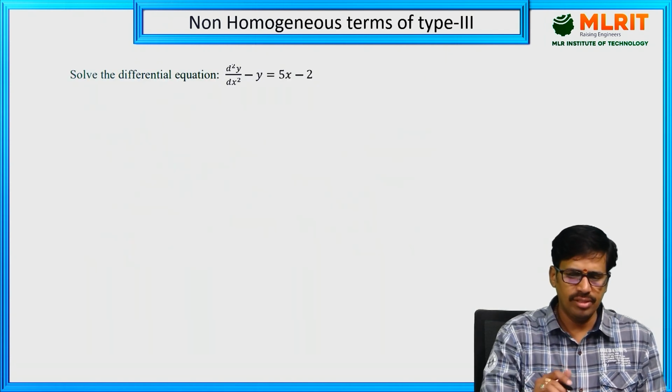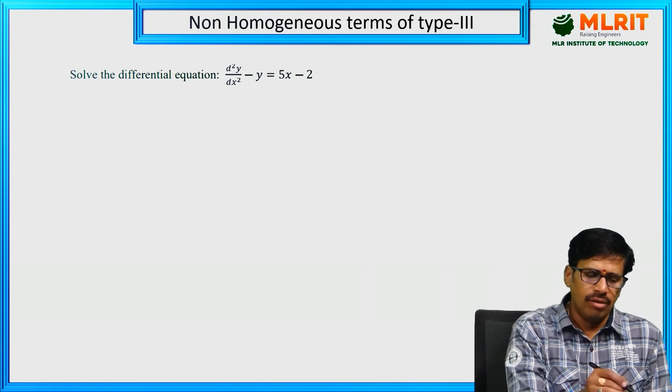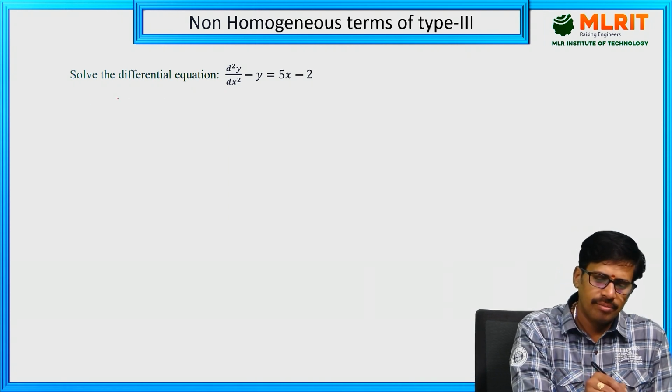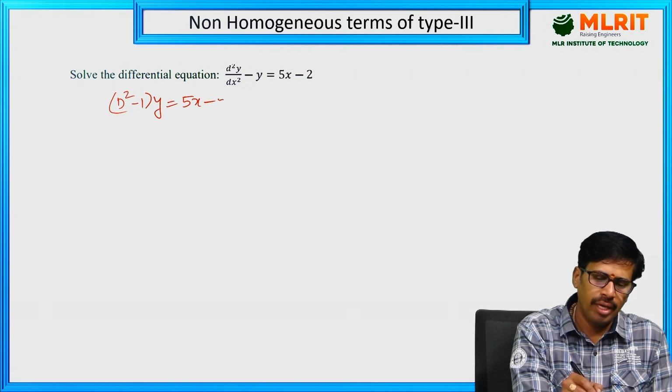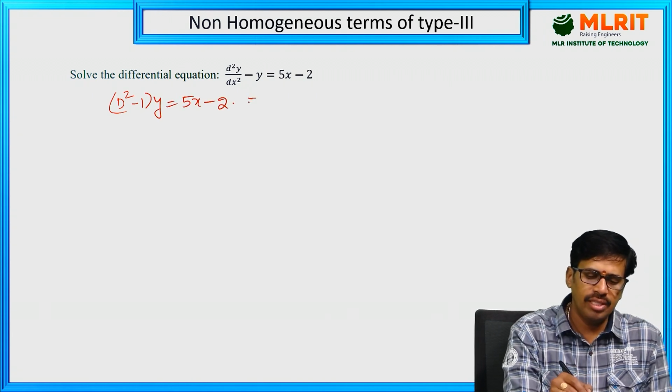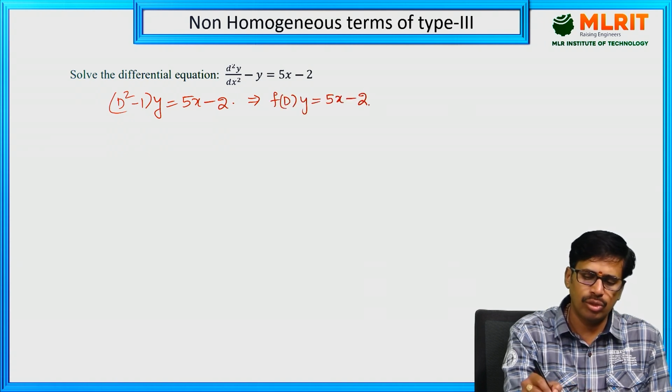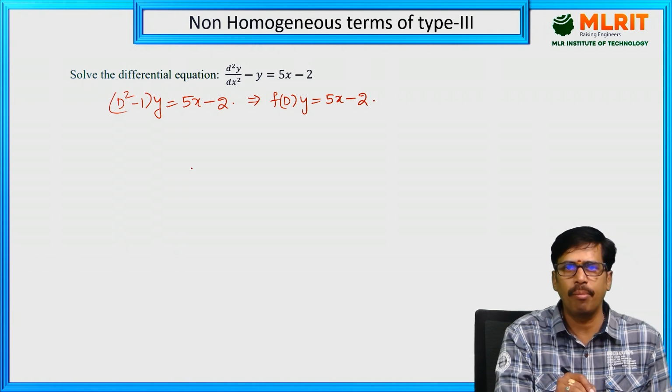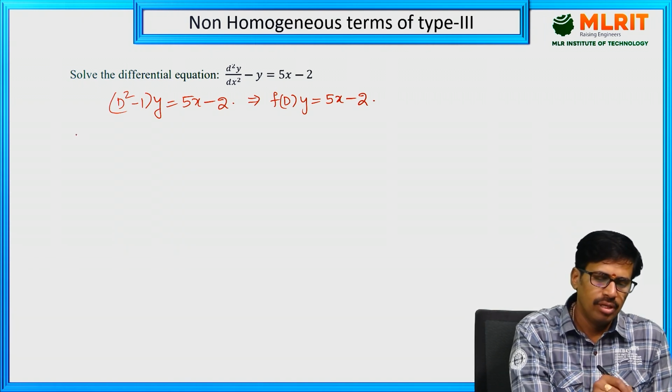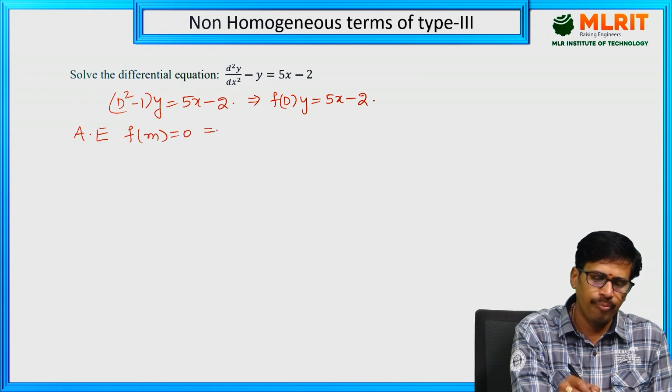Let us solve this. This can be written as (D square minus 1) y equal to 5x minus 2. Now this is in the form of f of D into y equal to 5x minus 2. First let us find the complementary function yc. For that we require the auxiliary equation given by f of m equal to 0.